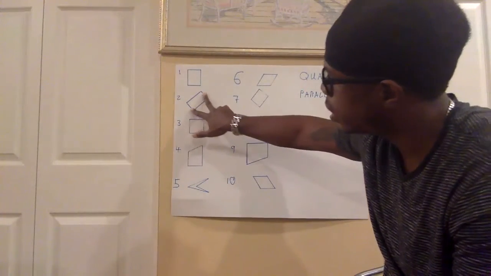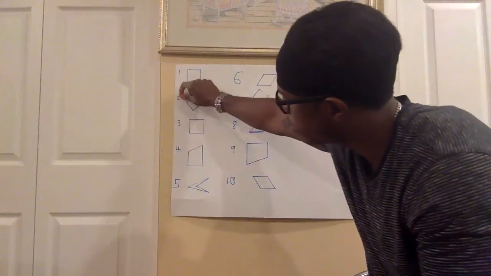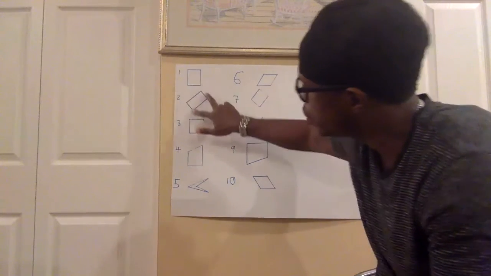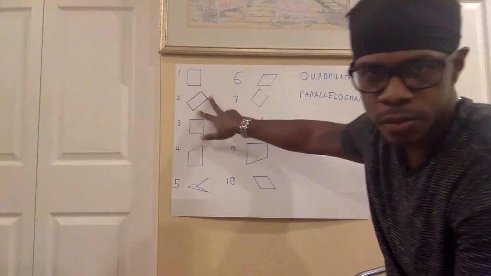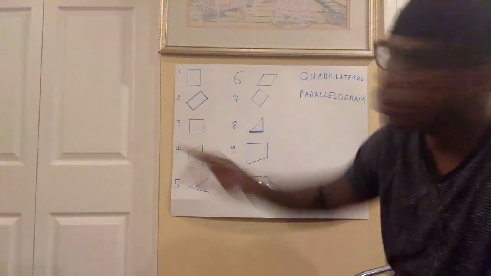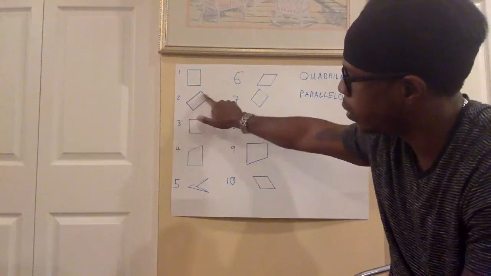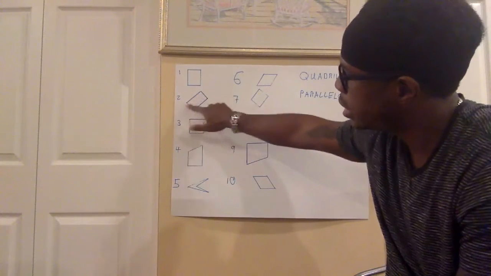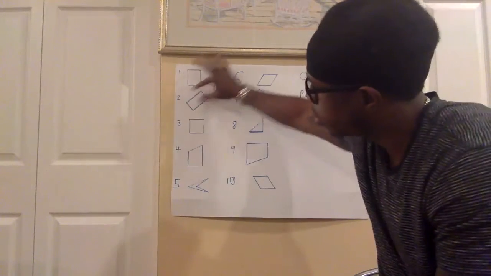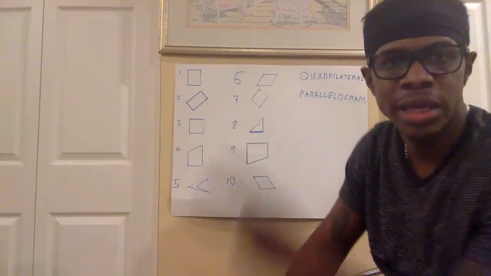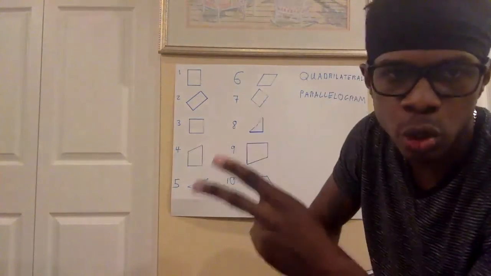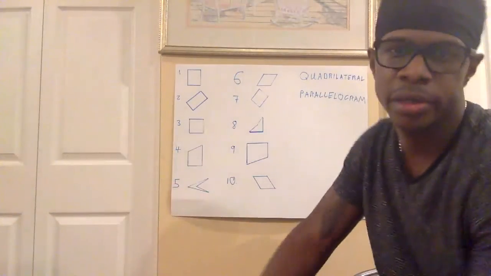And then these two right here, if you keep going with a pencil and an imaginary line, will never touch. Remember, a pair is 2. So this is one pair of parallel lines, and this is another pair. So number 2 has two pairs of parallel lines, and number 1 has two pairs of parallel lines.